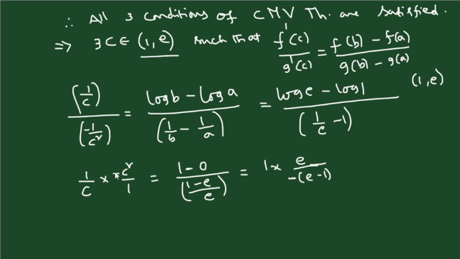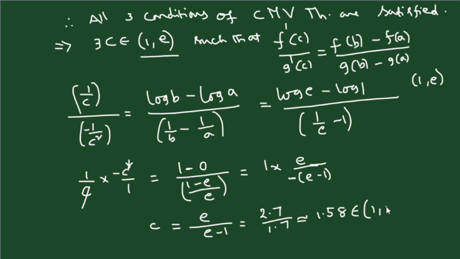So you have negative sign here and here, you can cancel out. 1 c square, 1 c gets cancelled. c equal to e by e minus 1. So what is the value of e by e minus 1? It is 2.7 divided by approximately 1.7. It is approximately 1.58 and it lies between 1 comma e.